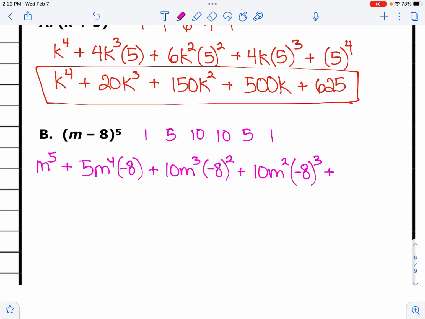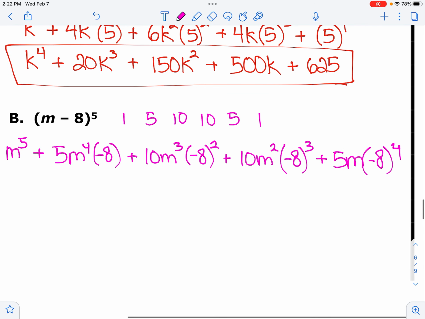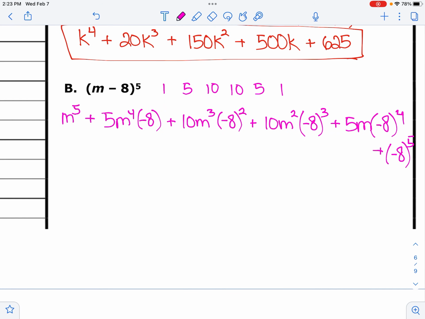Plus 5 m, and then negative 8 to the 4th. Okay? And then I'm running out of room, but I'm going to put it underneath here. Plus, then negative 8 to the 5th. There will be no more m's because it's m to the 0 on that one. Okay, cool. So now you're going to do your simplifying, and hopefully this will come across pretty fast.